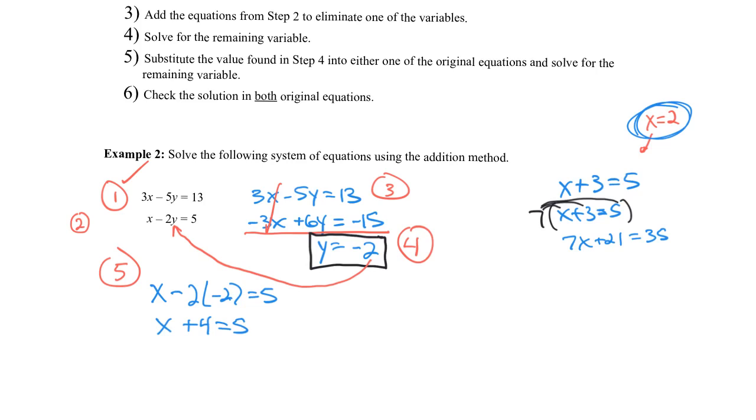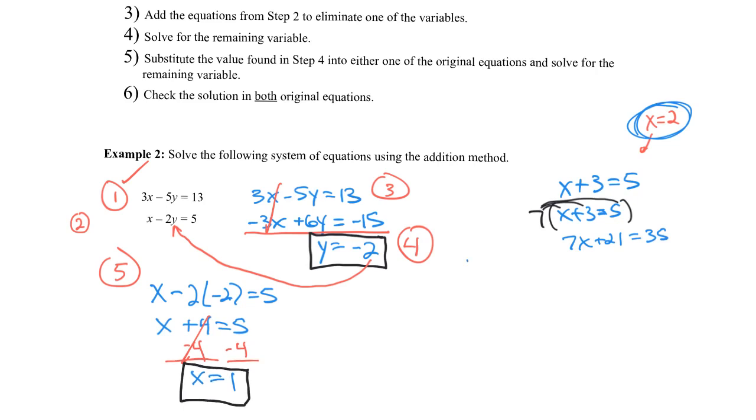If we want to get x by itself, we go -4, -4. That will cancel, and we get x equals 1. So that is the other part of the answer. So the answer is 1, -2.